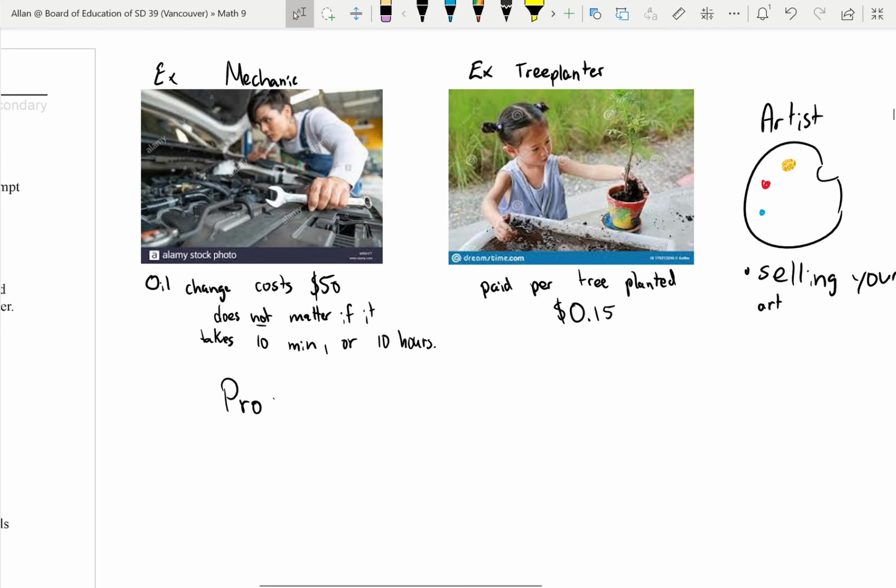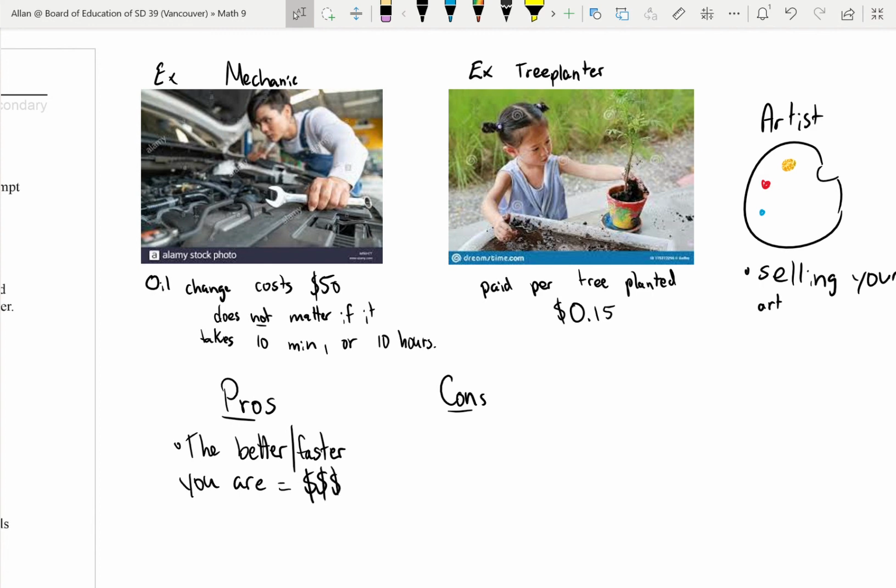Again, as always, there's a pro and a con. The pro is the better or faster you are, it's going to equal more money.